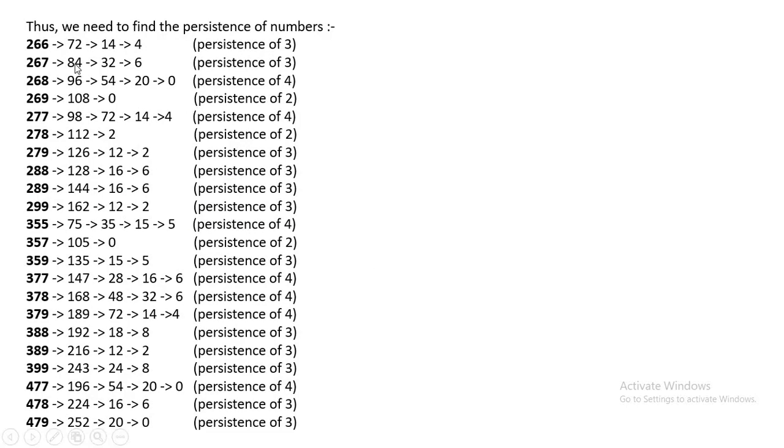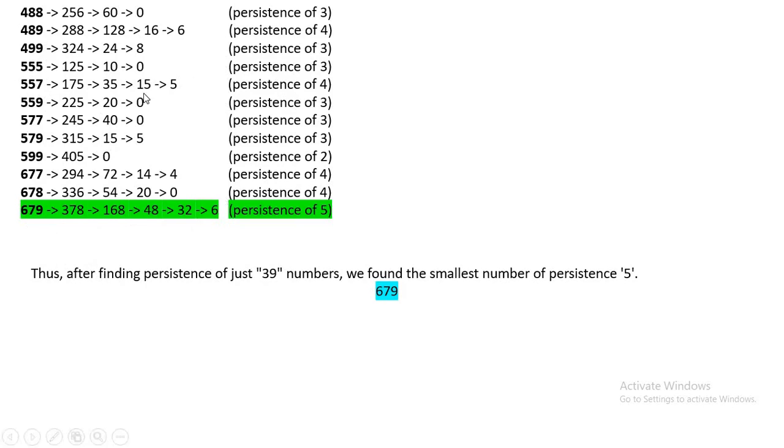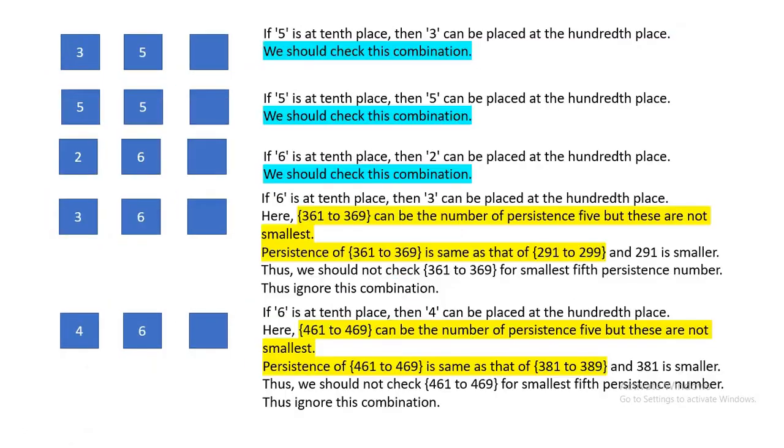You can see here, 10 numbers from 200, 9, 6 from 400, 6 from 500, giving 31, 32, 33, 34, and the 5 persistence numbers we calculated in the beginning.